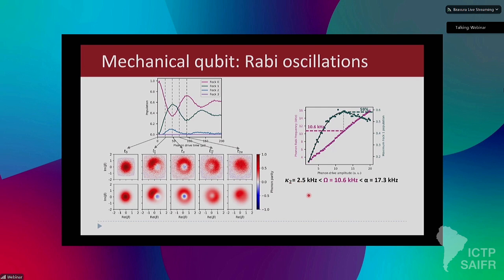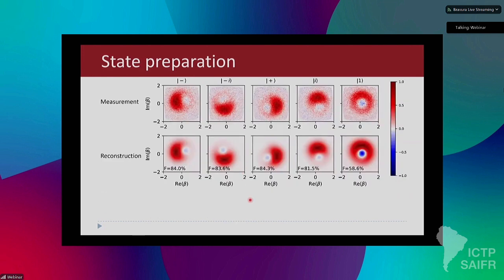And that's very important, to be able to do your operations faster than the time it takes to decohere, but slower than the anharmonicity, such that you don't significantly affect the second excited state. Now, finally, to show fully that this is a qubit, the other thing you want to be able to do is prepare all cardinal points of the Bloch sphere of your qubit, and we show that indeed we can do that just by, for example, changing the phase of our drive.